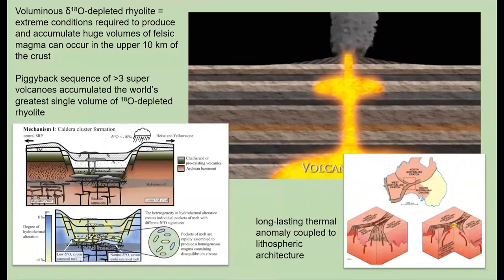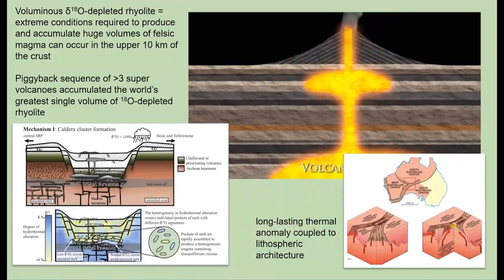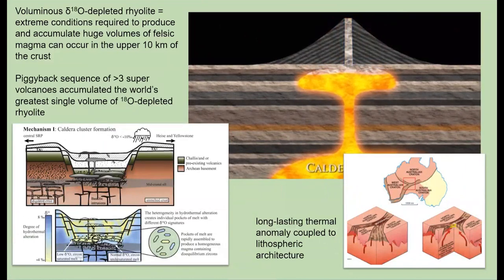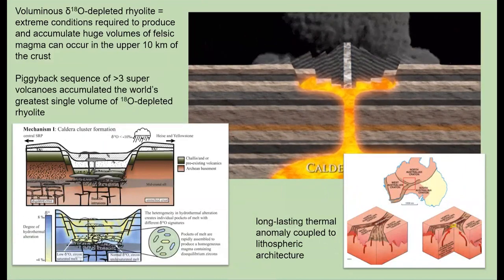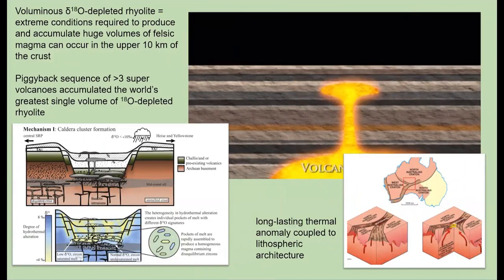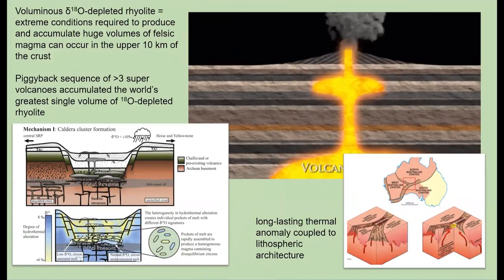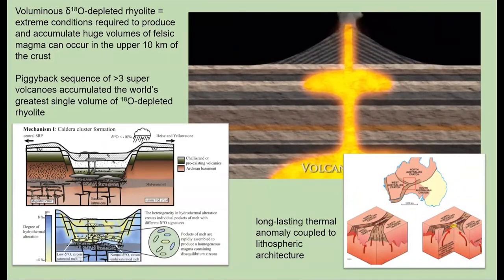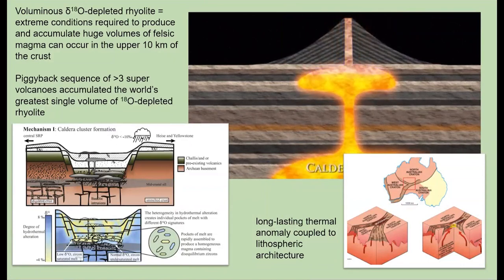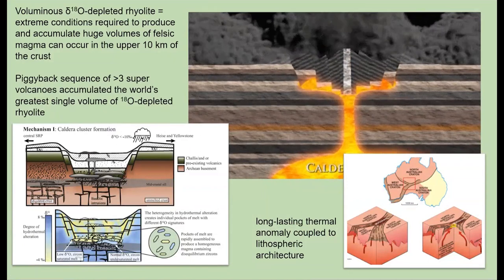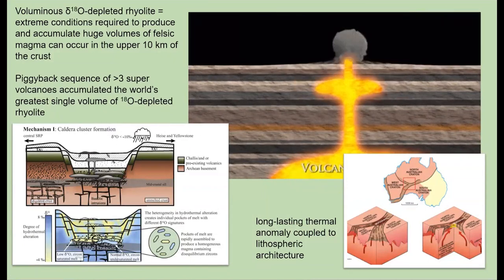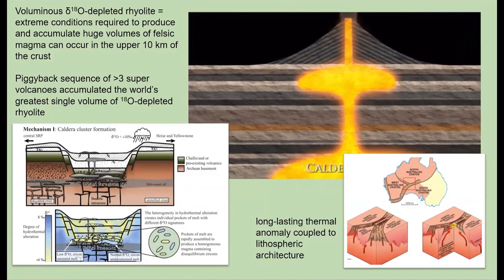So how do we get light oxygen isotope signal into magmas? One of the easiest ways of doing it is via caldera collapse. So we form a large volcanic system. That volcanic system grows, eventually erupts. We have shallow magma chambers, and we collapse back into that chamber near-surface rocks that will have had a hydrothermal alteration system active through them for quite a while.